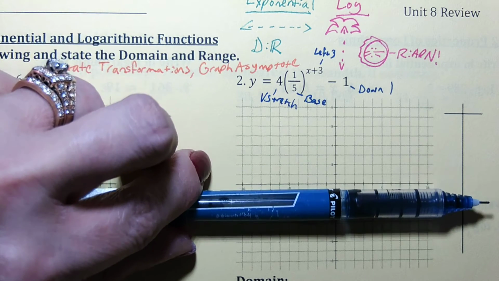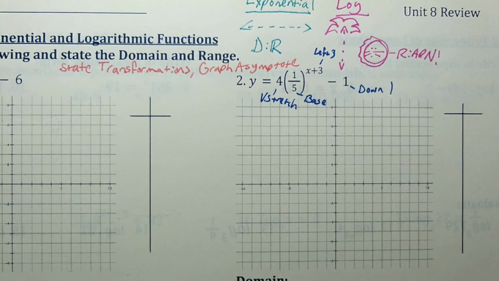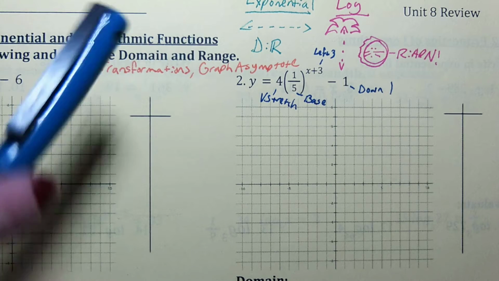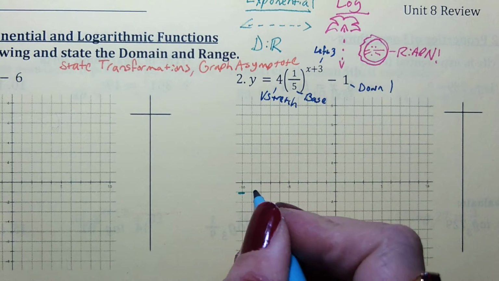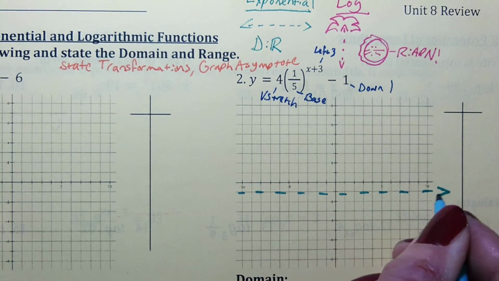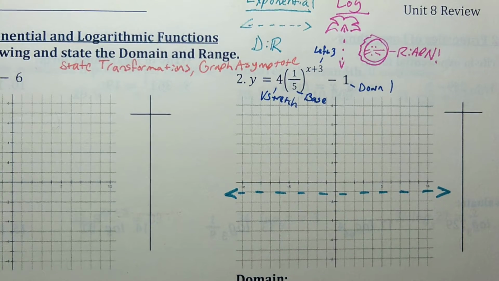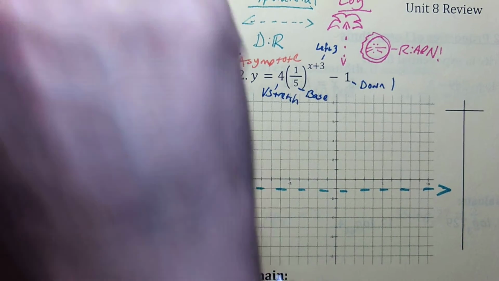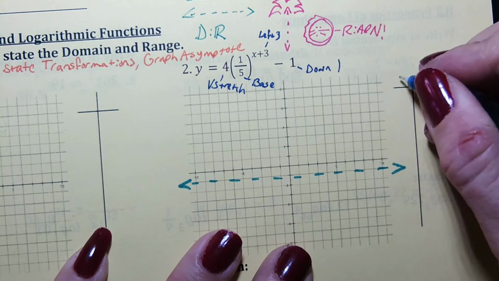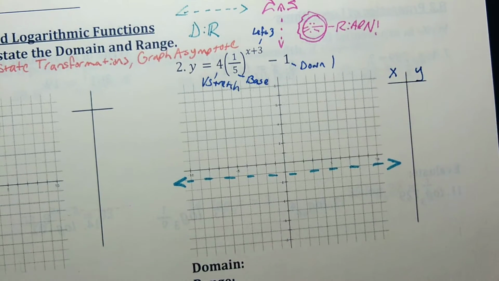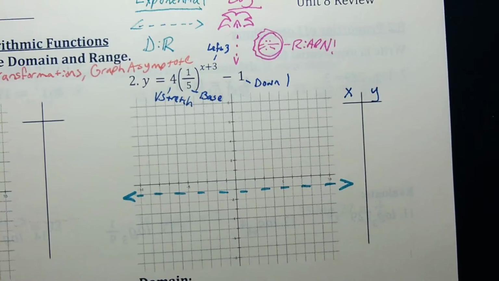But if I slide it down 1, that asymptote is now going through negative 1.